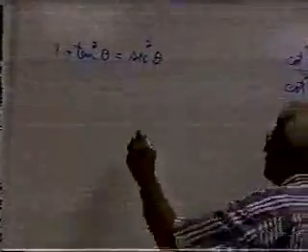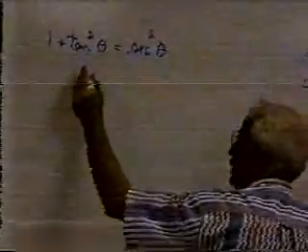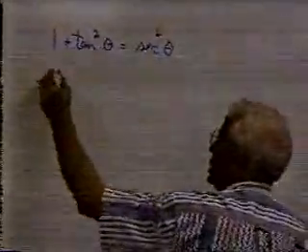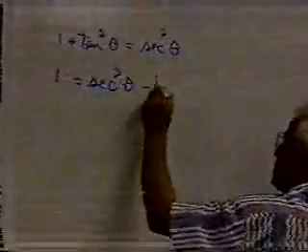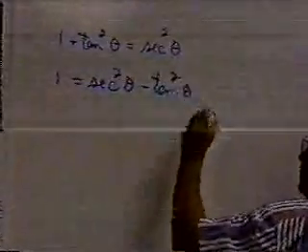Okay, let's look at the next one. 1 plus tangent squared is equal to secant squared. Okay? Well, that means then I need to see 1 is equal to secant squared minus tangent squared.